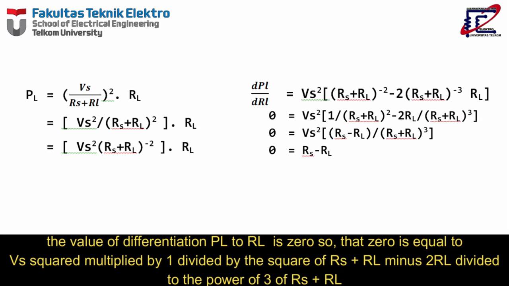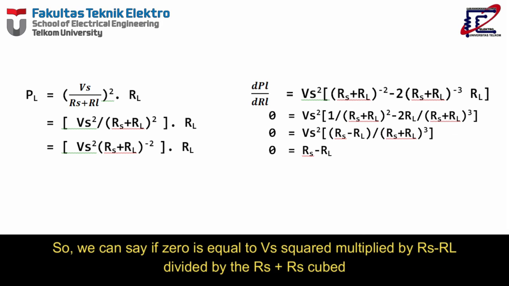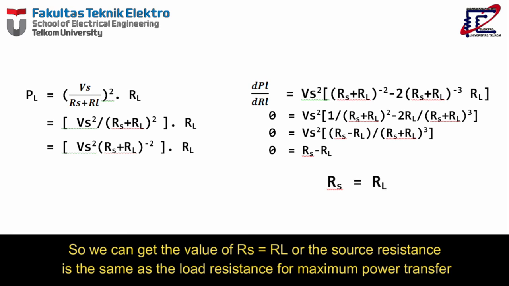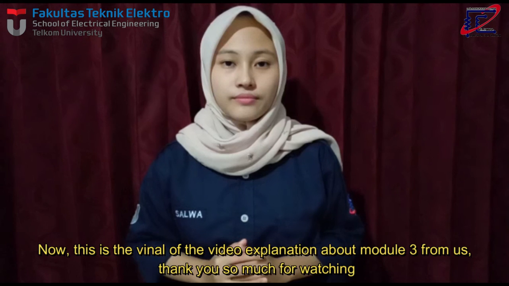So we can say 0 is equal to Vs squared multiplied by (Rs minus RL) divided by (Rs plus RL) cubed. So we get that Rs is equal to RL, or the source resistance is the same as the load resistance for maximum power transfer.